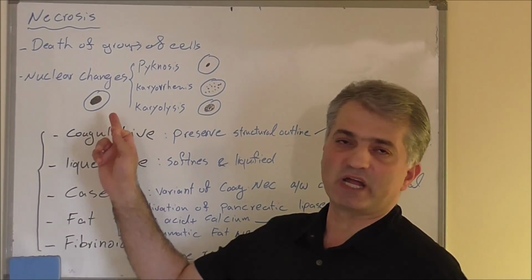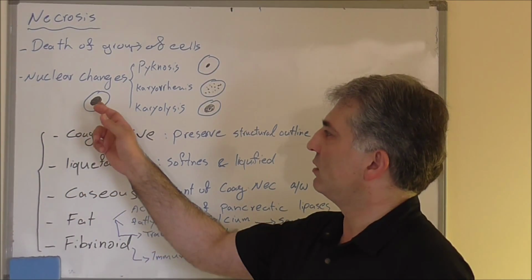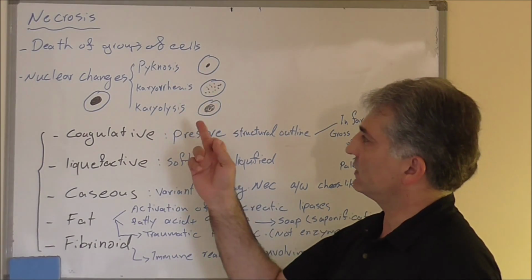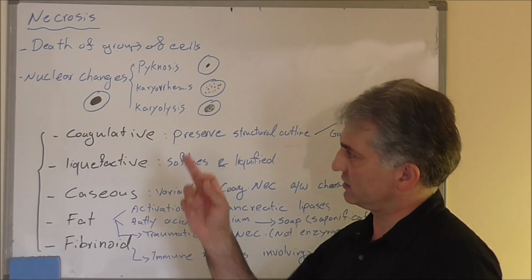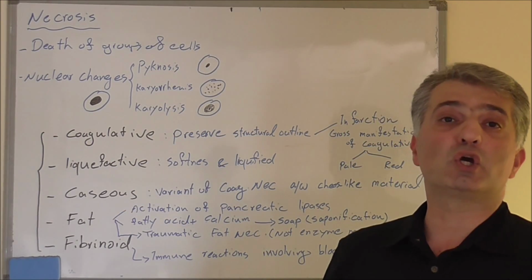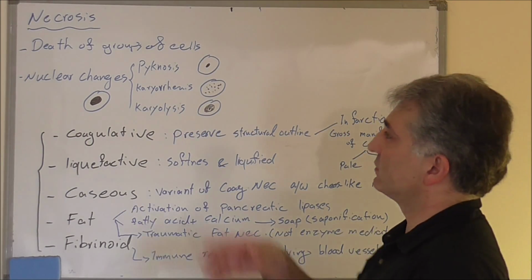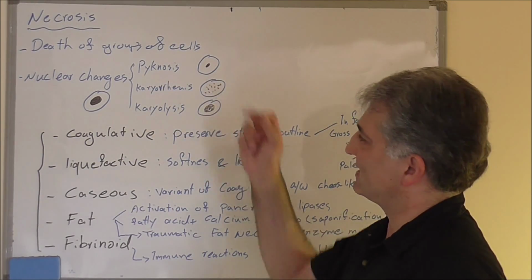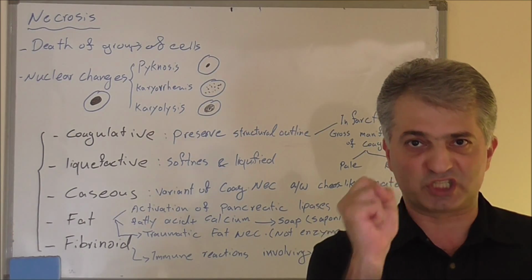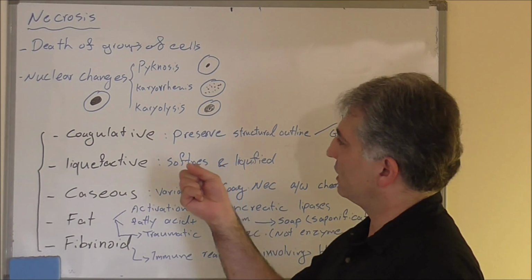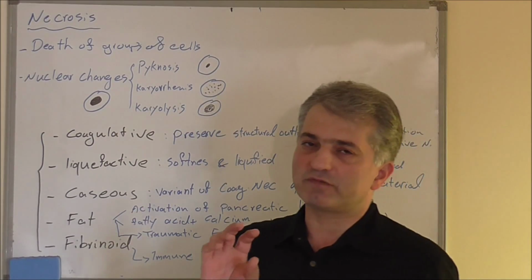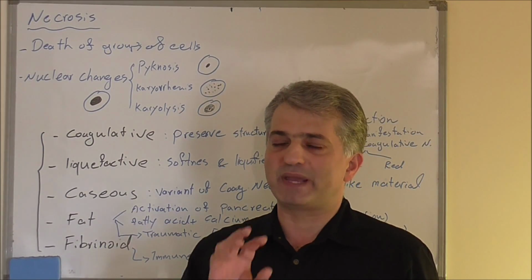Here I drew this diagram to show you how the nucleus of a cell looks. And here I mentioned three different terms which describe nuclear changes during necrosis. One of them is pycnosis. As you can see, this nucleus is shrunken. Another one is karyolysis. The basophilia of the nucleus will be pale.